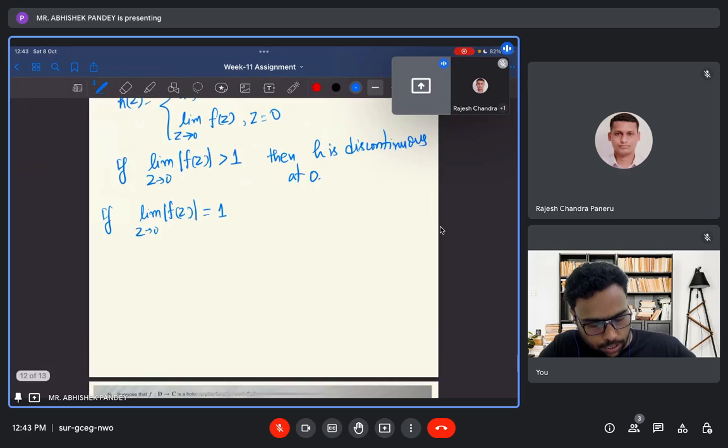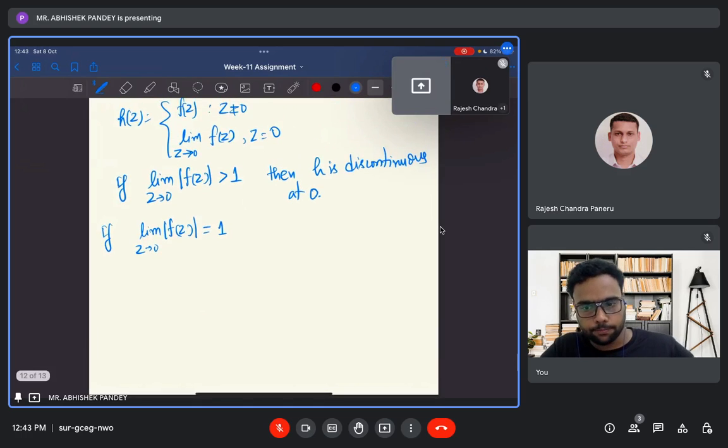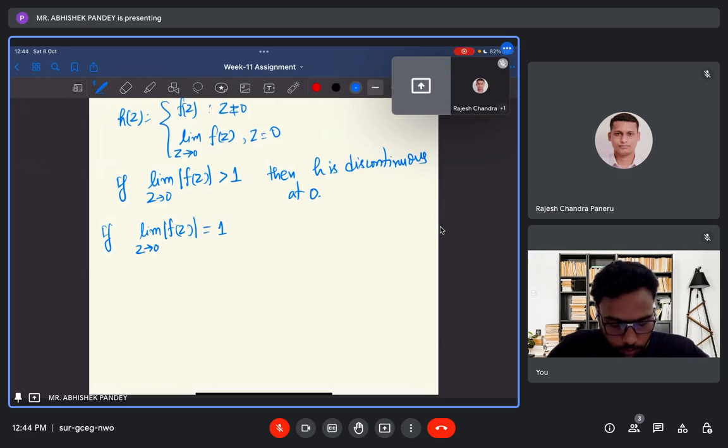So now you consider, if z tends to 0, the modulus of f(z) limit is 1.